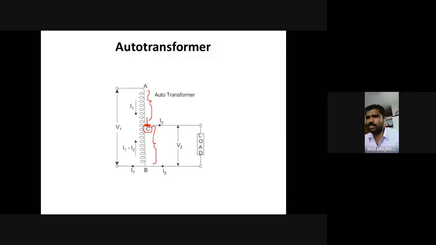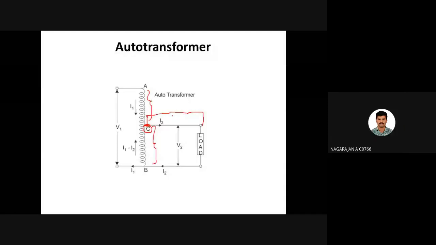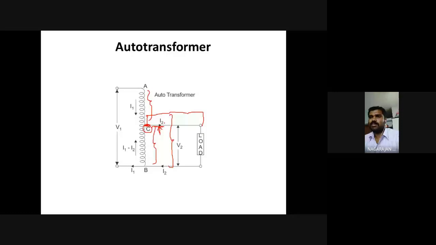For example, if I put the tap at this point, this much number of turns will be connected, and the voltage at the load side will be increasing.